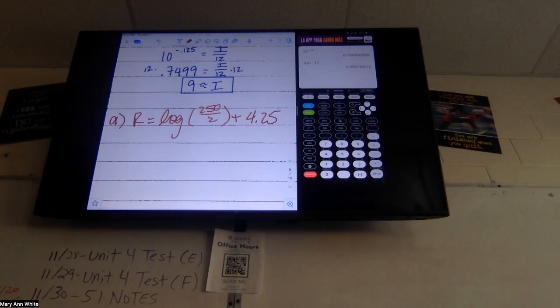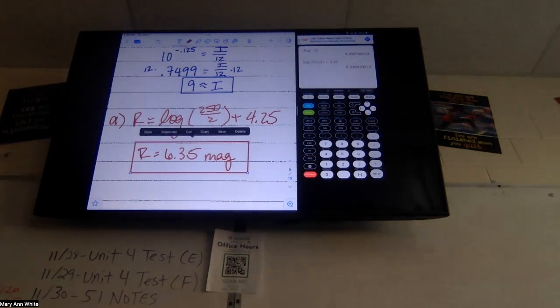You can just throw that all straight into your calculator. Log 250 divided by 2, and then plus 4.25. Enter, and we get R equals 6.34. We can just round it to 2 places. We'll do 6.35 magnitude.